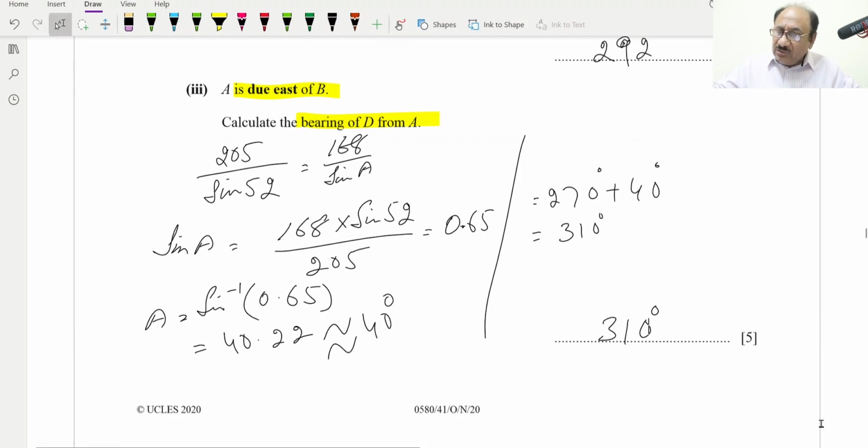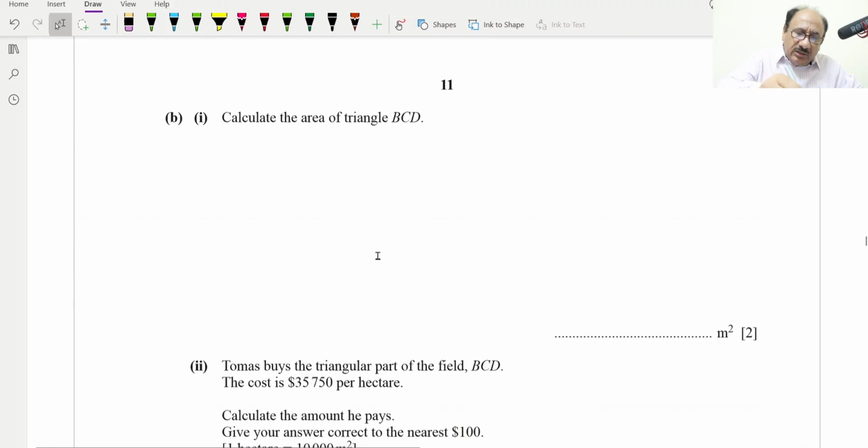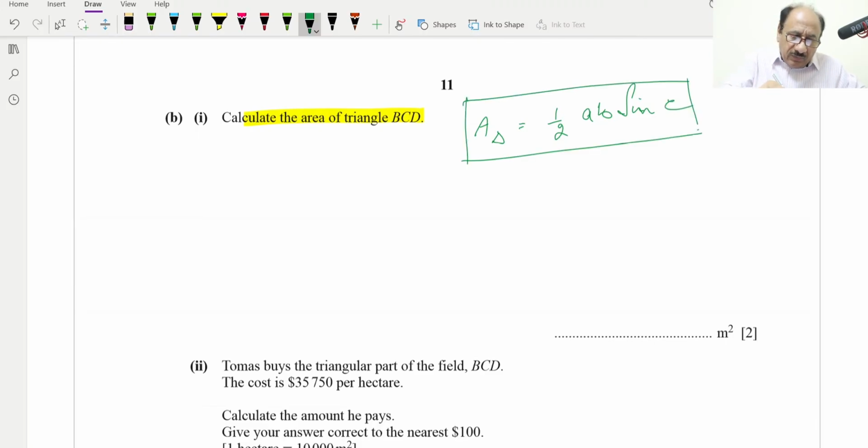This is a 5-mark question. Sine rule we have used to calculate this angle. Now calculate the area of the triangle BCD. Area of the triangle is easy. We know the formula: area of triangle is equal to 1 by 2 into ab sine of C. We have to take the two sides and the sine of the angle.